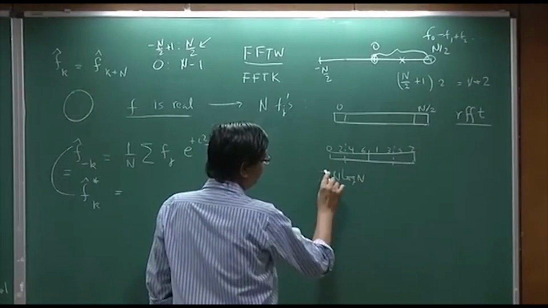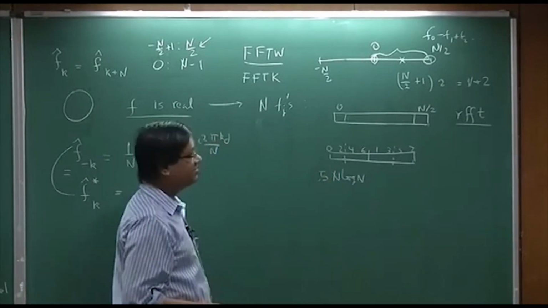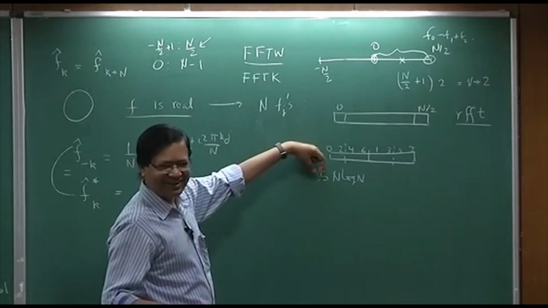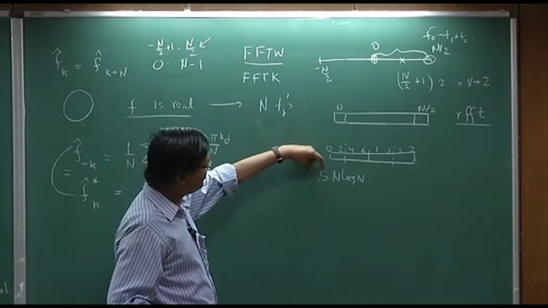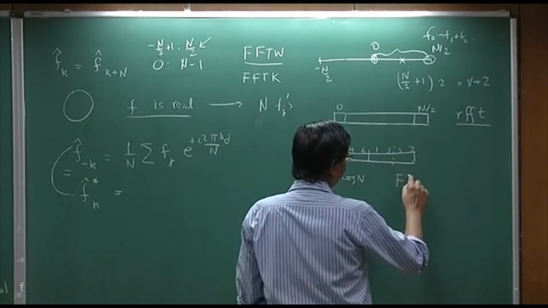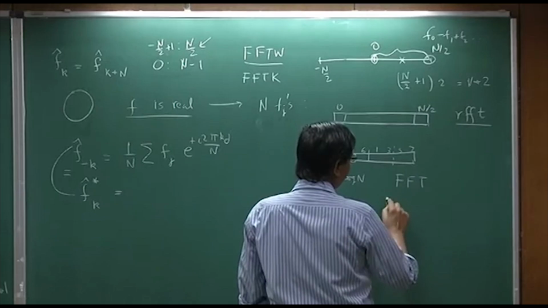In fact, the factor is 5. With FFTW, people are trying to make it even smaller, and it can be done. This algorithm is called FFT, fast Fourier transform.